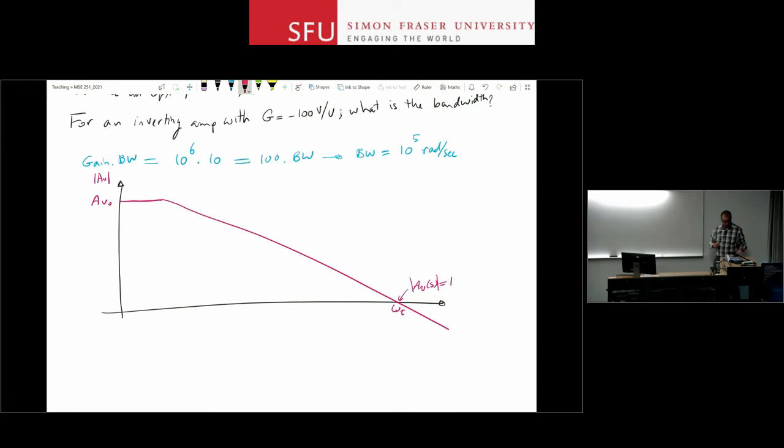Okay, so this is your behavior, and then this corner frequency is ωB. Now, if you go and get some gain of 100 out of this, you go down this curve, to somewhere like here. But whatever you lose in terms of gain, going down from AV0 to some G, you gain in bandwidth. So you go up from ωB by G times that. So it's going to be G times ωB.